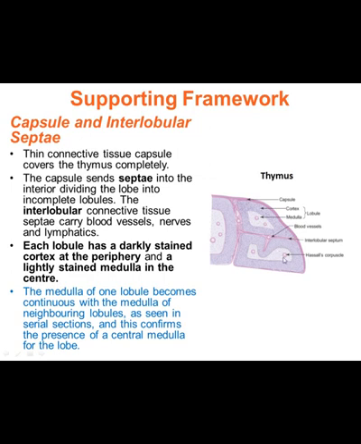They are interconnected with each other, and these interlobular connective tissue septi carry blood vessels, nerves, and lymphatics. Each lobule has a dark stained cortex, this is cortex, and a lightly stained medulla in the center. As I have already said, the medulla of one lobule becomes continuous with the medulla of the neighboring lobules.